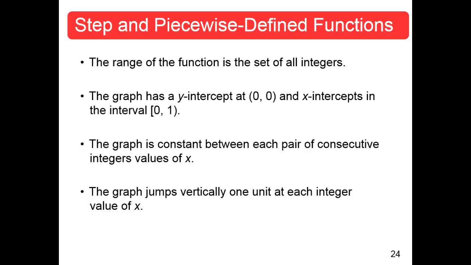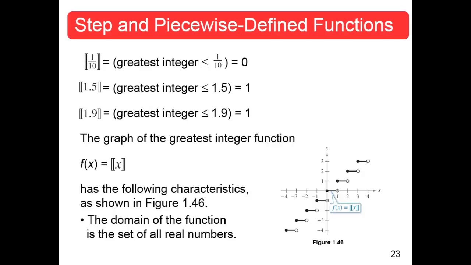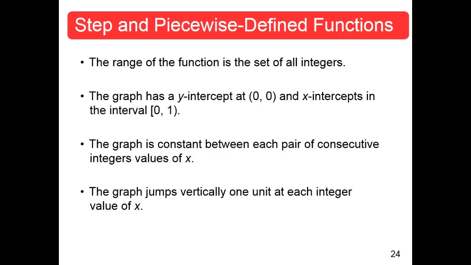In a small sense, it's kind of like an increasing function with lots of constants in between. So we don't say it's an increasing function, and we say it's constant in this, but it does go upward. Now, if you put a minus sign in front of that, it would be going downhill, and still constant intervals there. So those are the characteristics. They're rather strange compared to our other ones.